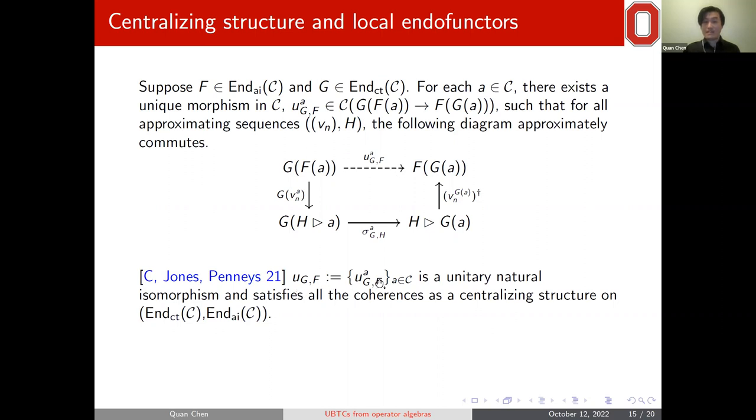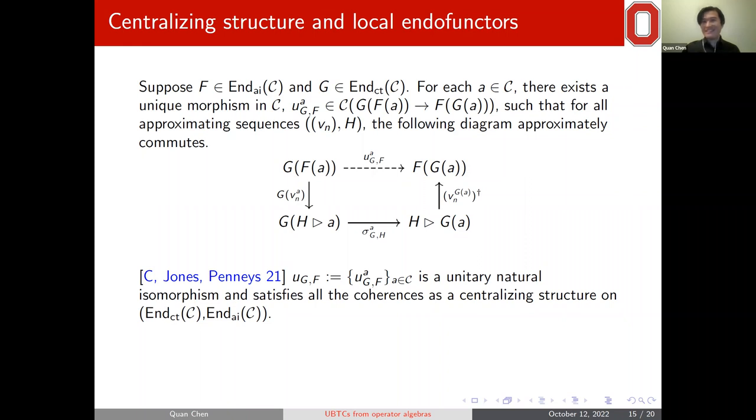And once we group up those U_{G,F,A}, this will be a unitary natural transformation and satisfy all the coherences as the centralizing structure between the approximately inner and the centrally trivial category.